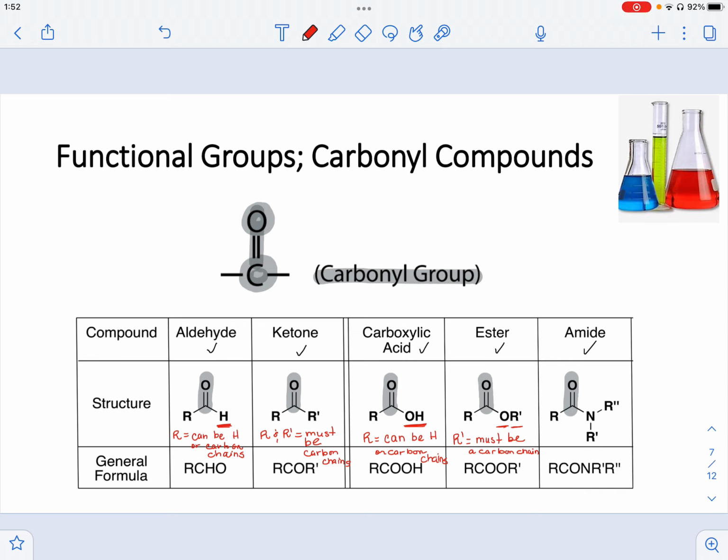Lastly, we have amides as a functional group. What makes an amide be called an amide is that the carbonyl group is bonded to nitrogen.